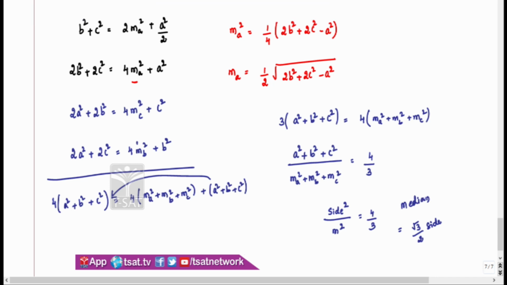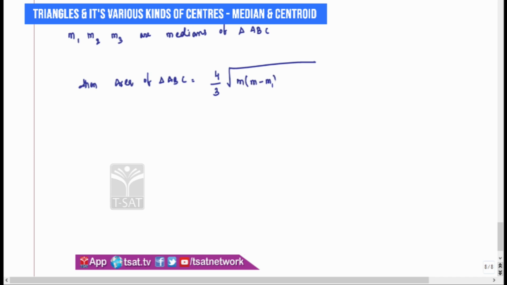Median is equal to root 3 by 2 into side in an equilateral triangle. If m1, m2, m3 are medians of triangle ABC, then the area of triangle ABC is equal to 4 by 3 under root of m into (m minus m1) into (m minus m2) into (m minus m3).